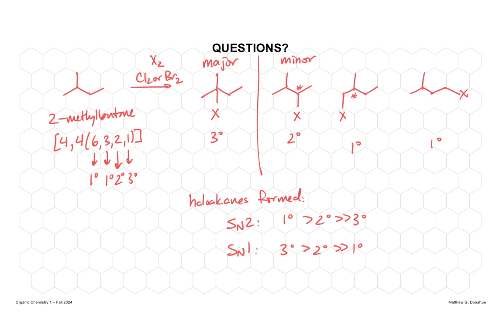So that's where we're going in this module, but now we know how to make these different classes of haloalkanes. And then on Wednesday, we'll look at the energy coordinates and then other issues with stereochemistry.